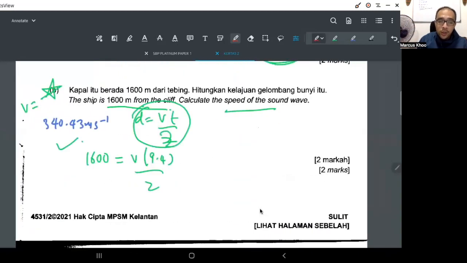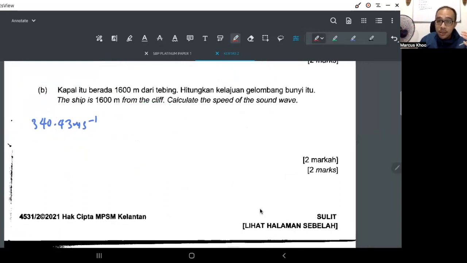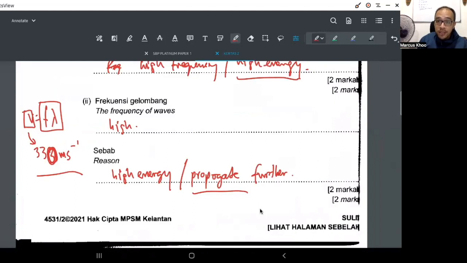Yes, I know we calculated just now as 340.43. Maybe this is a slightly special sound, but actually the speed of sound and the speed of light are constants. Speed of light is about 3 times 10 to the power 8 meters per second.